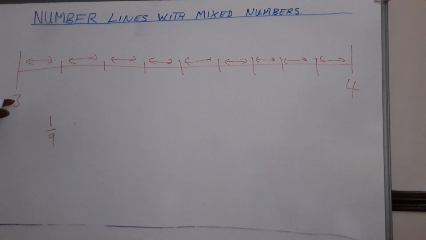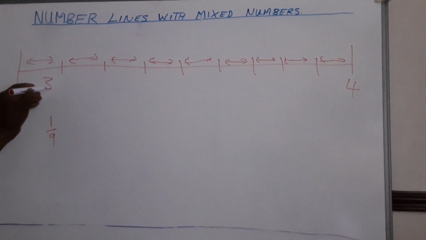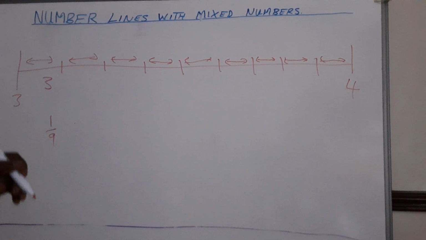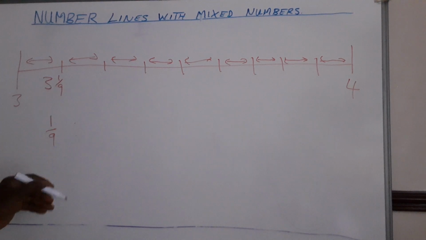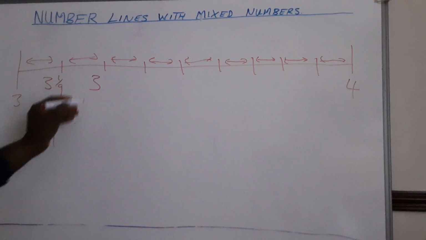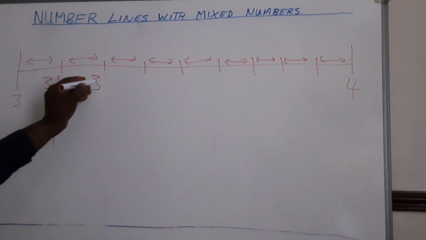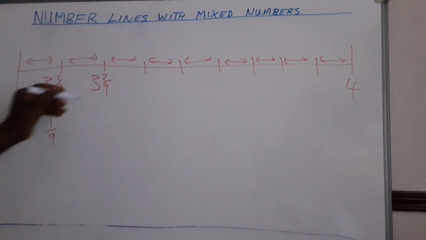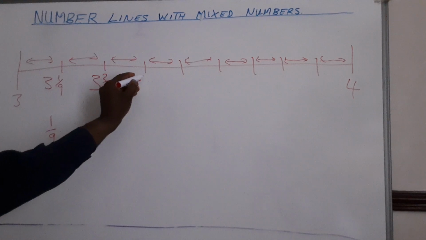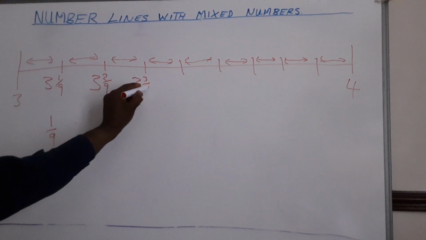Remember, there is a whole number of 3. So we bring our 3 here, and each interval is worth 1/9. So we start with 3 and 1/9. The next one is going to be 3 whole and 2/9. The next one is going to be 3 whole and 3/9.